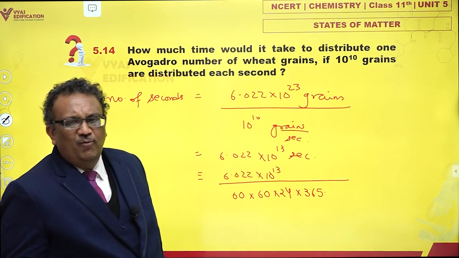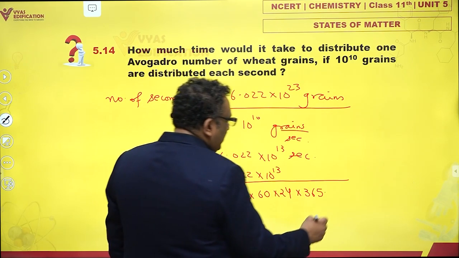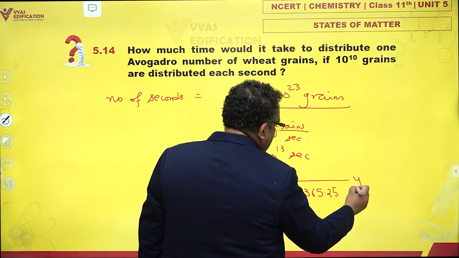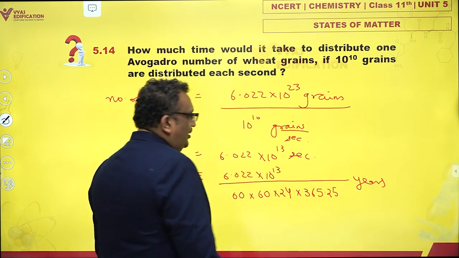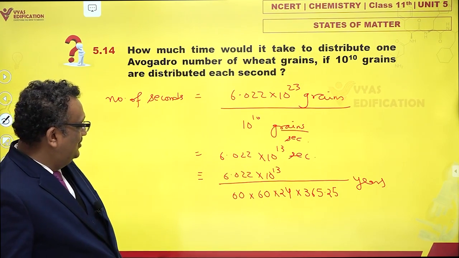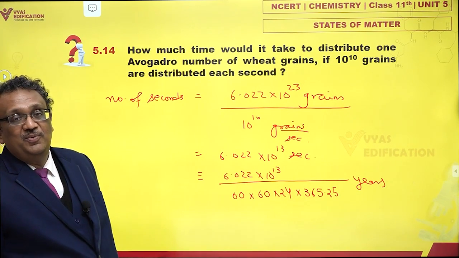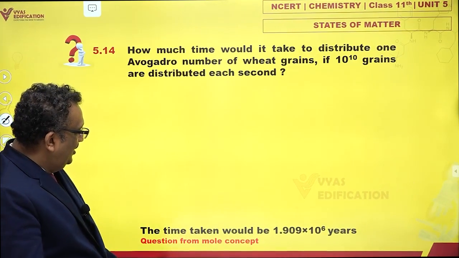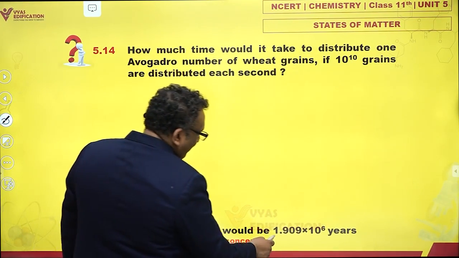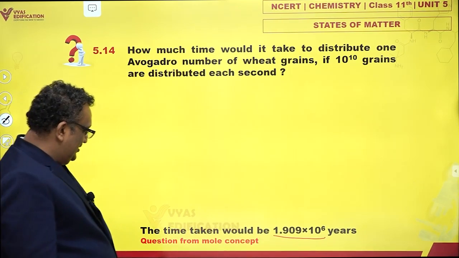Normally, if you avoid leap years; otherwise you should take 365.25. How much does that come out to be? Well, that comes out to be 1.9 million years.